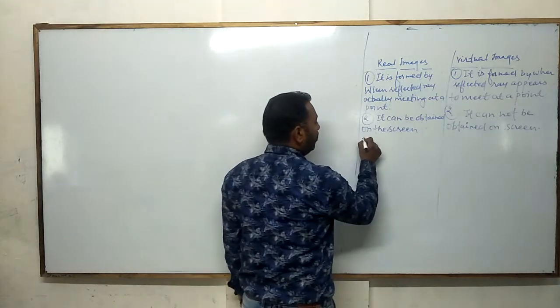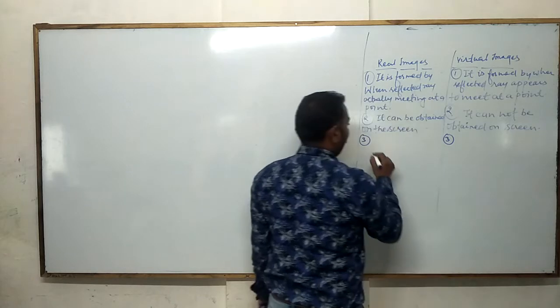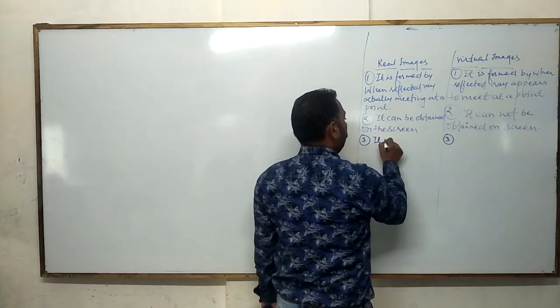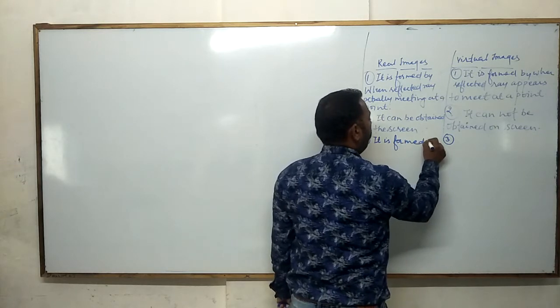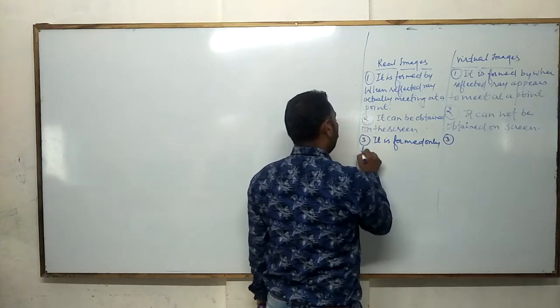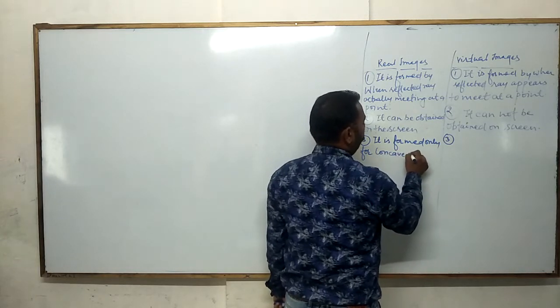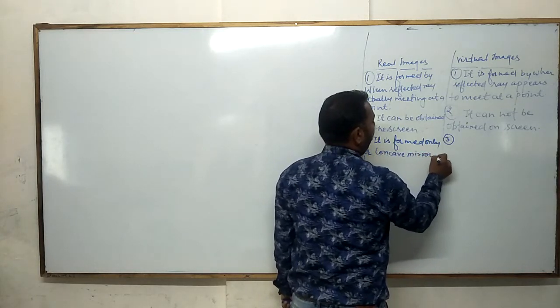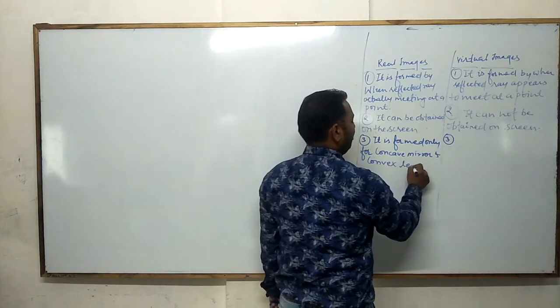Then the third point: a real image is formed only for a concave mirror and a convex lens.